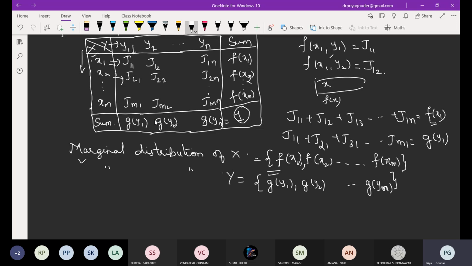Now, after this, for a joint probability, they'll ask us to calculate some values like expectation, variance, covariance, and correlation. So these are important definitions. Expectation is similar to your mean.